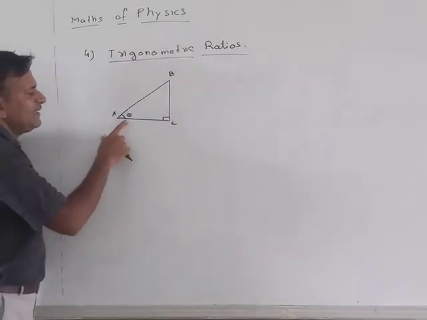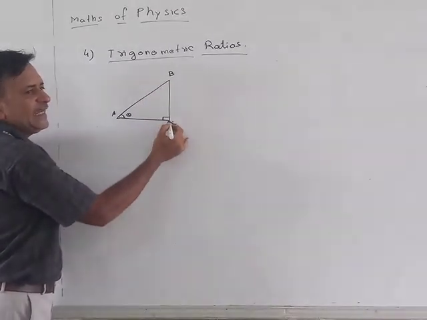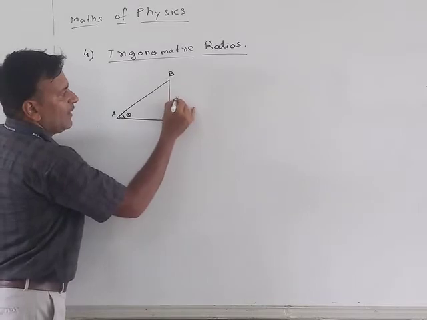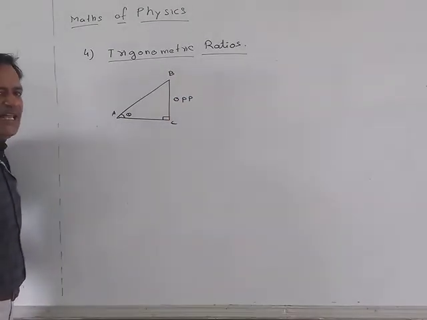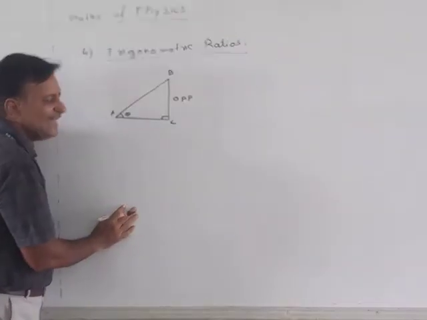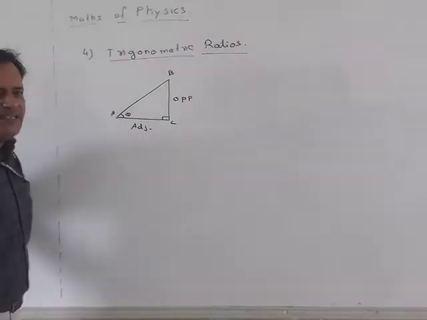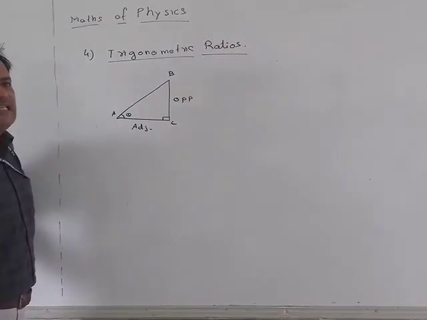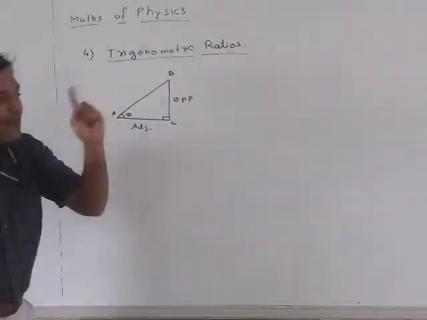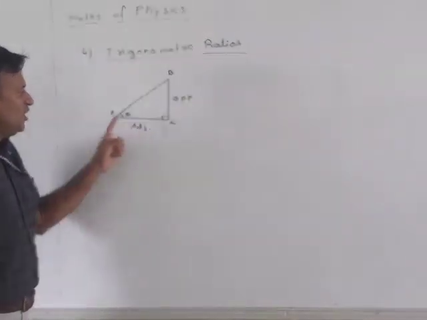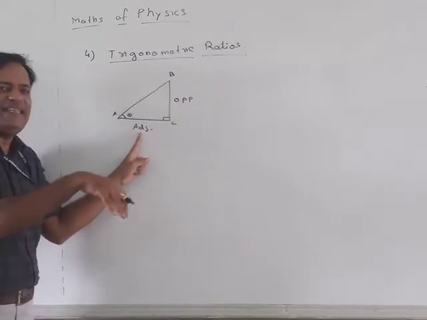If I mark this as angle theta, BC becomes the opposite side of given angle. AC becomes the adjacent side of given angle. Adjacent, baju wala. Opposite, samne wala. Okay. So if this angle is given, this is opposite side, this is adjacent side.